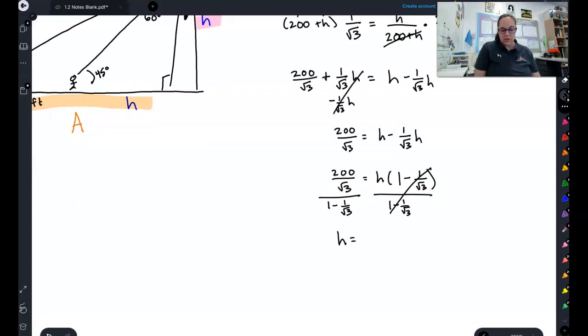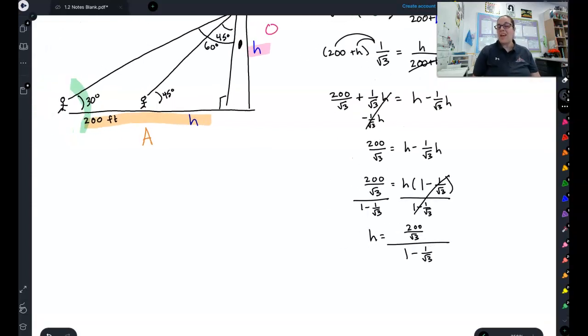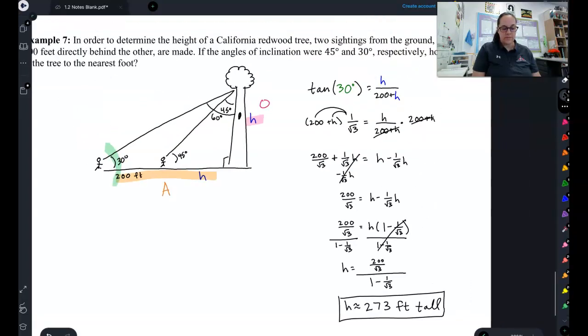So h is going to be 200 over root 3 all over 1 minus 1 over root 3. And we can just take that, type that into our calculator, and we're going to get, remember we're rounding to the nearest foot, about 273 feet tall. That is how tall this redwood is.